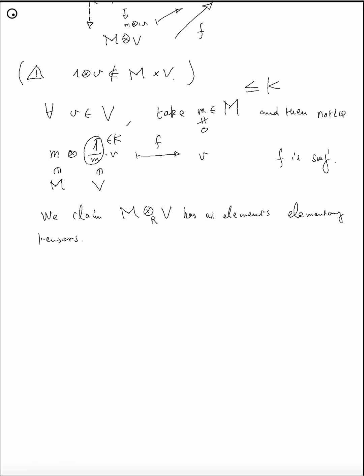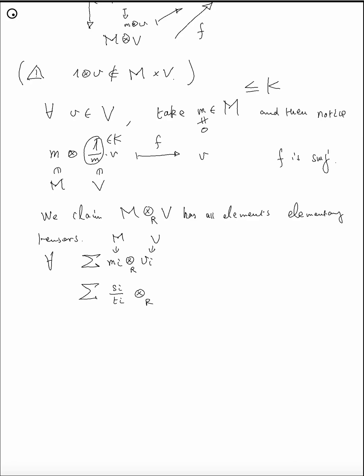In other words, for any mi, wi with mi in M and wi in W, we cannot simply say that it's si over ti.